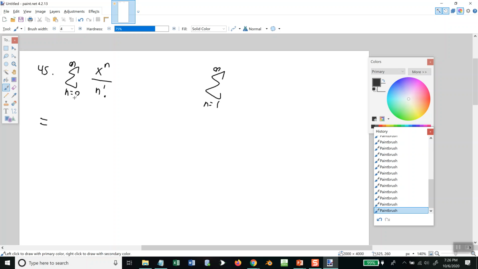This one's pretty easy. If you plug 0 in, I'm going to have x to the 0 over 0 factorial, plus if I plug in n equals 1, I'm going to have x to the first over 1 factorial. I plug in n equals 2, I got x squared over 2 factorial.